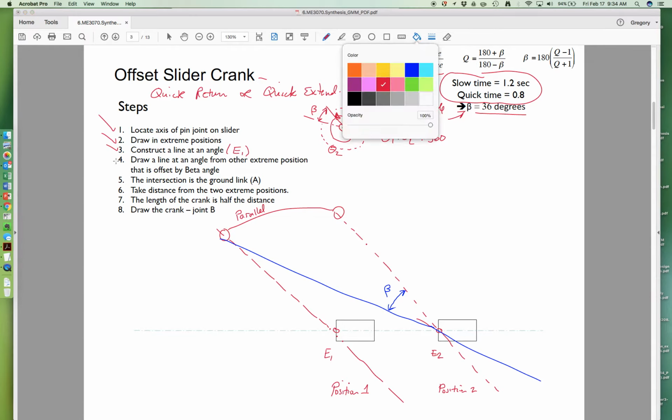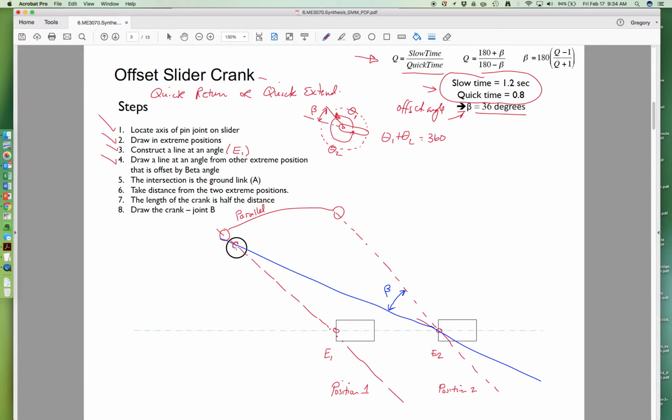So I've drawn a line at an angle offset by this beta angle. Now the intersection of the blue line and this original construction line right here is going to be ground joint A. And so we can draw a ground joint A here.